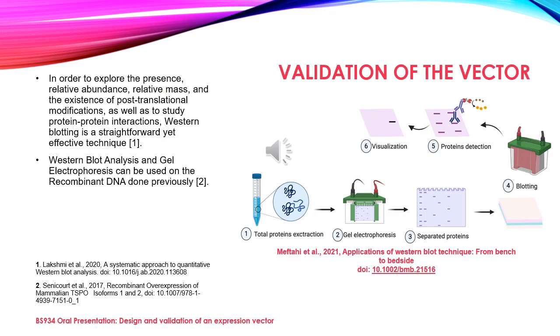After the bacterial transformation of the E. coli, or the recombinant plasmids found in the Escherichia coli, which possesses the TSPO gene, validation of the vector is the next step, and the most used analysis is the Western blotting analysis as well as the agarose gel electrophoresis, which work hand in hand. But the main one is the Western blotting analysis.